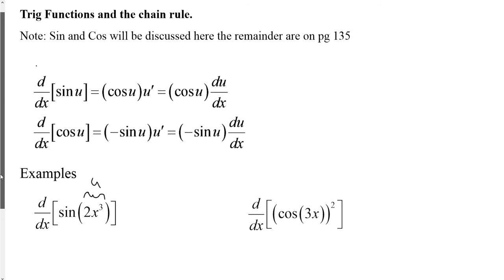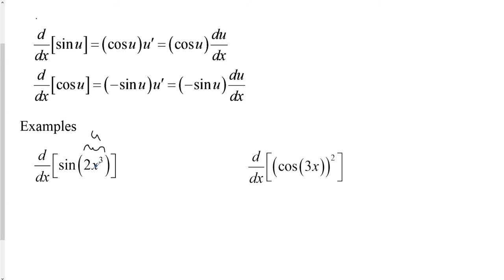All right, so let's talk about how we're going to do this. Well, this derivative here is going to be, again, the derivative of the outer function first. So the derivative of sine we know to be cosine. And so we're going to say it is the cosine, leaving the inside function alone, 2x to the third.